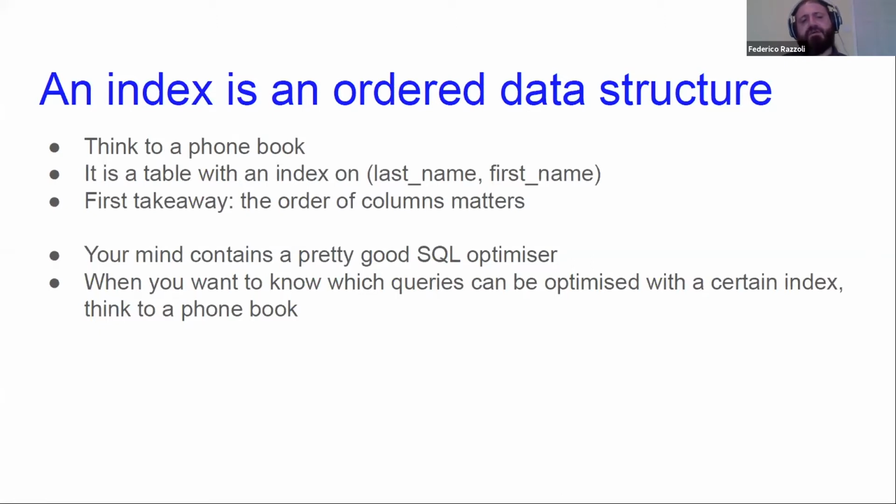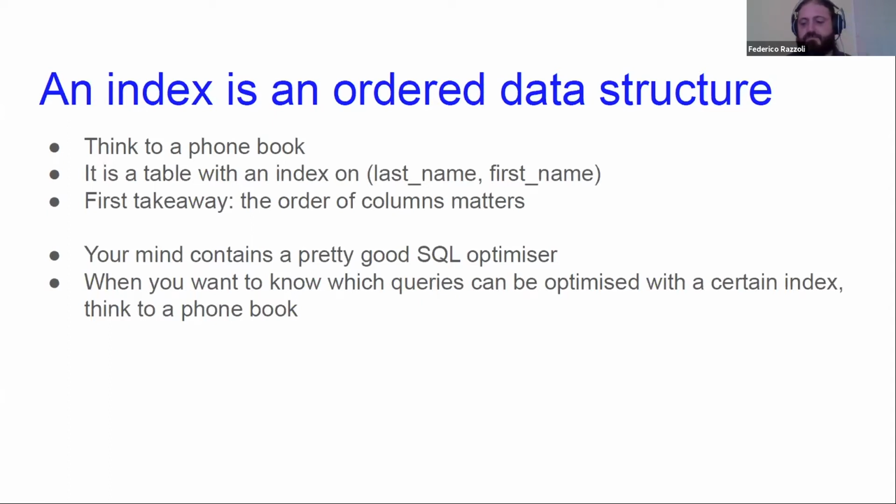And you can think about indexes like a phone book. Unless you are very young, you probably used the phone book in your life, and you have in your mind how it works. Basically, you know the alphabet, and therefore, if you're looking for a specific person, you open the phone book in the middle.